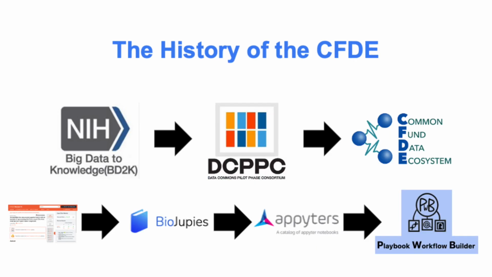So now I'm going to switch gears a little bit, and I'm going to talk about the CFDE. The history of CFDE, like I mentioned before, started with BD2K, and then there was this program called the Data Commons Pilot Phase Consortium, the CPPC, and then the CFDE came after that.